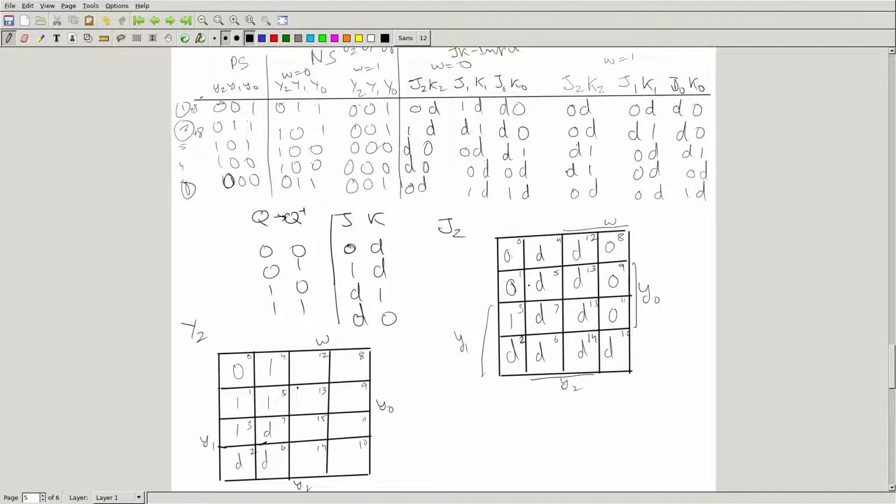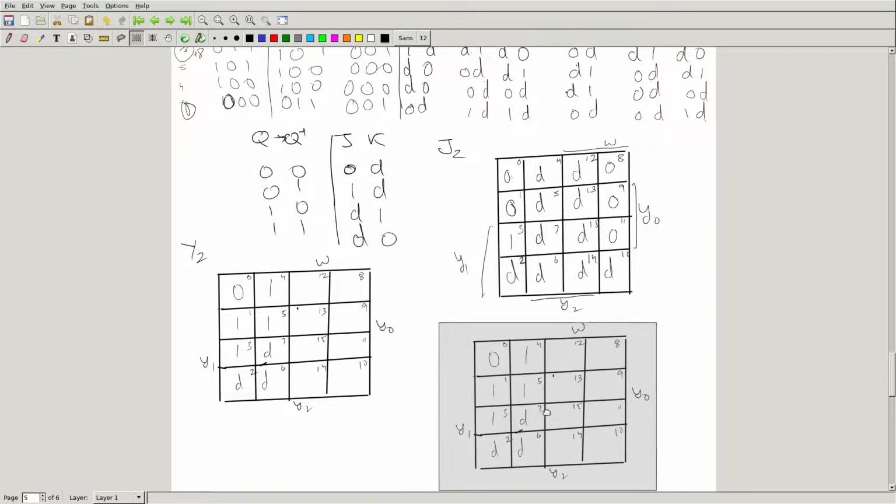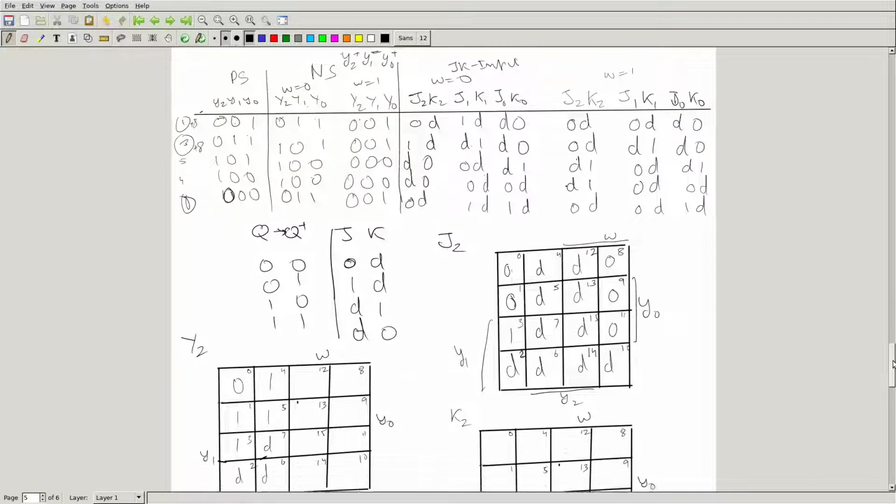Okay, and then we have a K-map for K2, and we need to fill up the full y2.